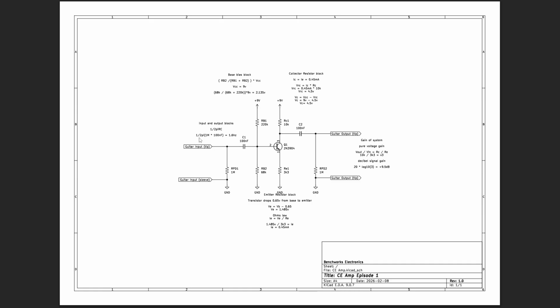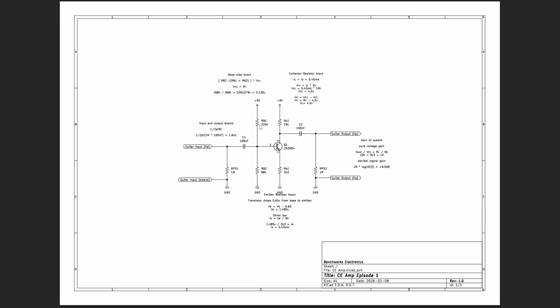And as you can see here, we've got 1 over 2 times pi times a resistor times a capacitor. You don't need to know what pi is, just need to know that it's a button on your calculator. So if we do that math, we end up with 1.6 Hertz, which is very, very low, which means that essentially all of our signal is going to come through, which is good.